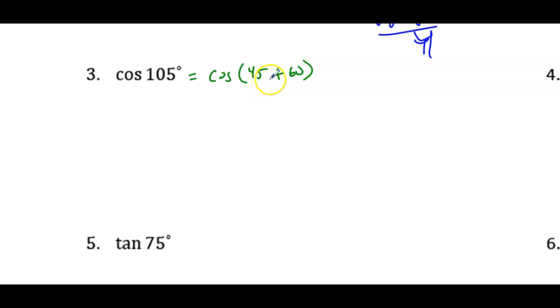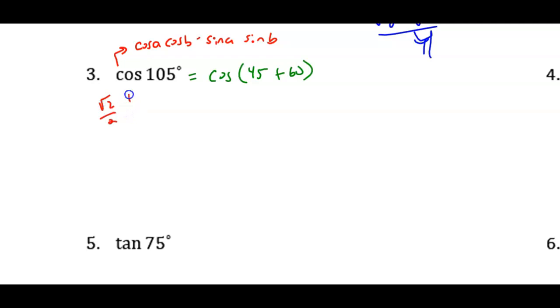All right, cosine of 45. Let me review that real quick. Cosine of A plus B is cosine of A, cosine of B. Since I'm doing the sum right here, I'm going to go minus sine of A sine of B. So cosine of 45 is radical 2 over 2.